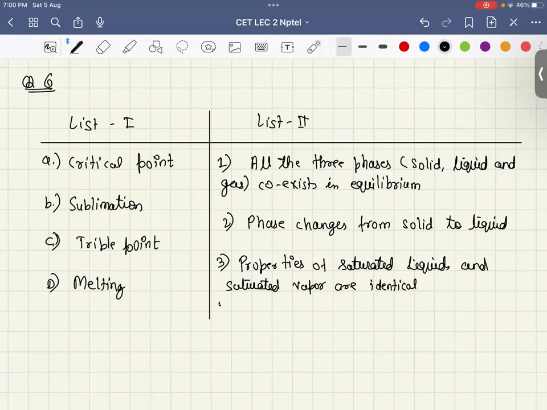And the fourth one is a heating process where the solid gets directly transformed to the gaseous phase.